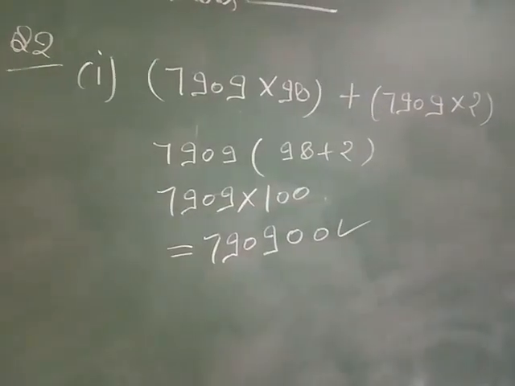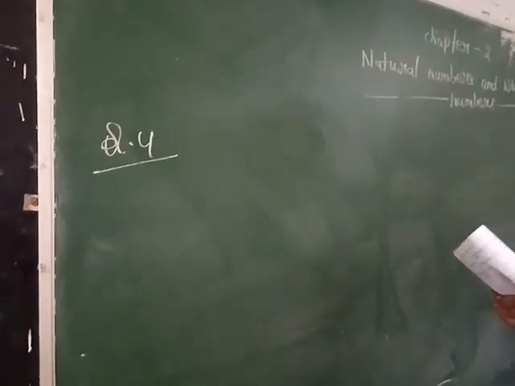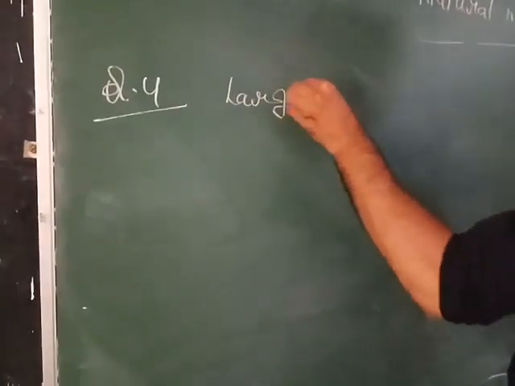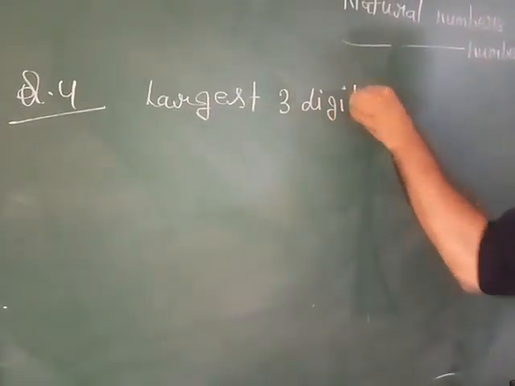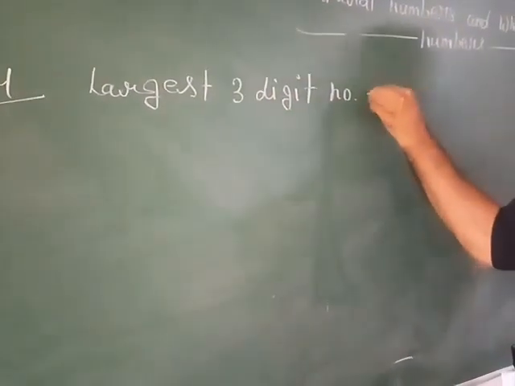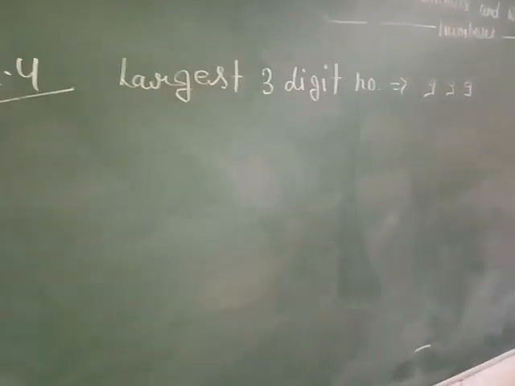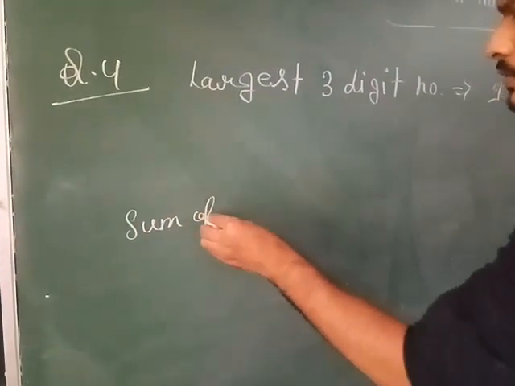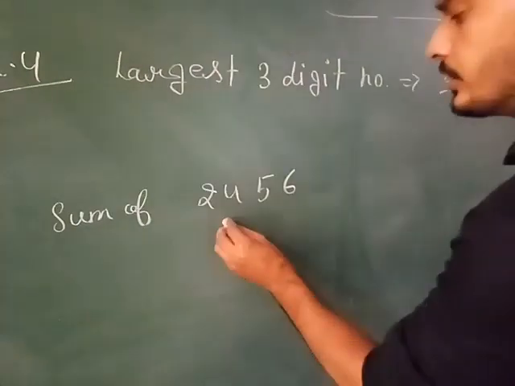Next question. We have to find the product of the largest 3-digit number. So the largest 3-digit number is 999, and the sum of 2456 and 344.